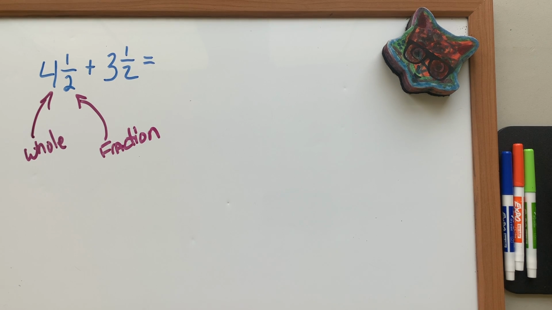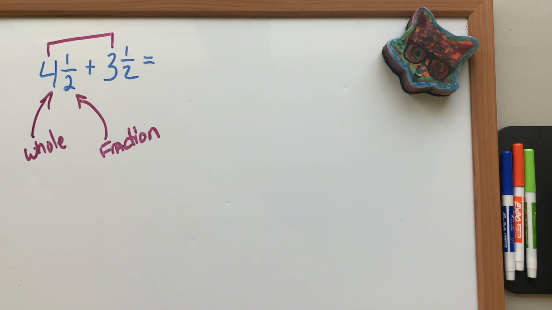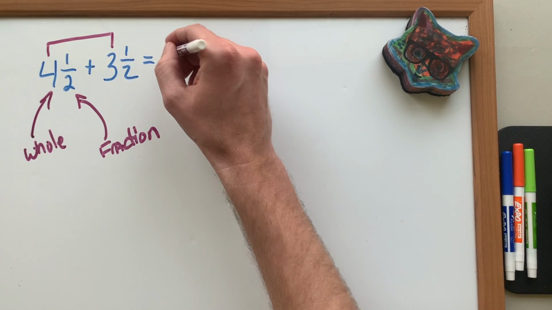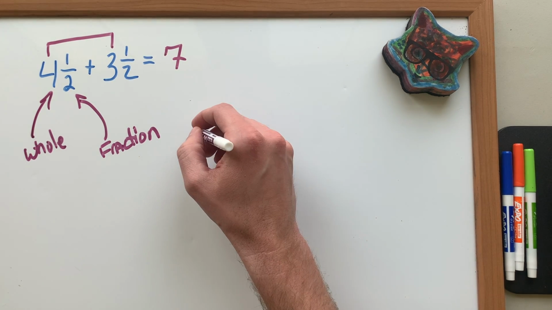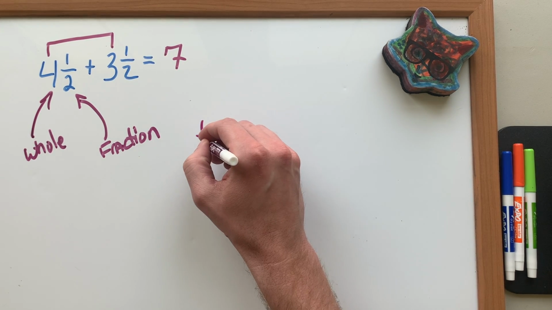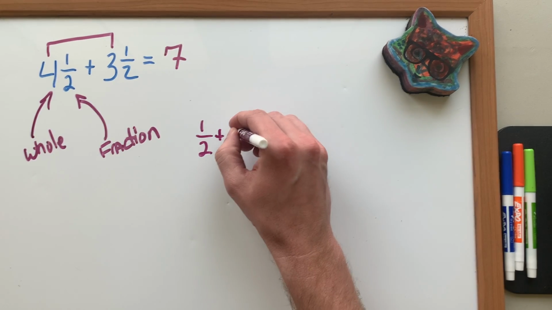So what we're going to do is start by adding the whole parts together. In this example, 4 and 3 are my whole numbers, and 4 plus 3 is 7. Then I'm going to add my fractional parts together. 1/2 plus another 1/2.